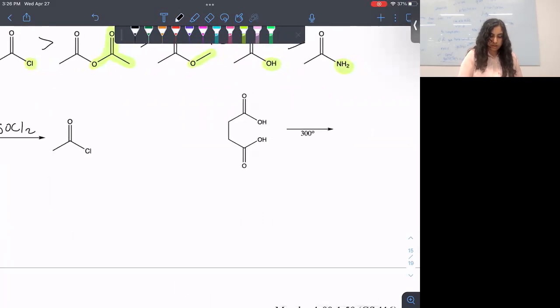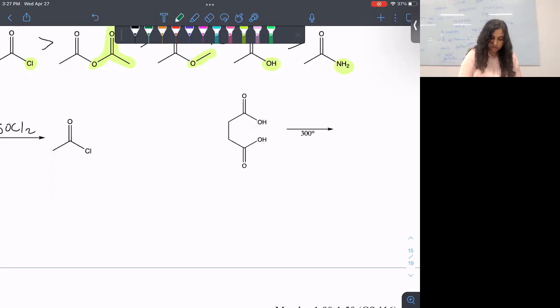And then the next one is to make an acid anhydride. If you have a dicarboxylic acid, like just carboxylic acid on either end, what can happen when you give it heat is that an H2O leaves as water, and then one of the oxygens is going to attach itself to the other carbonyl. So you're condensing it with the loss of water, if that makes sense.